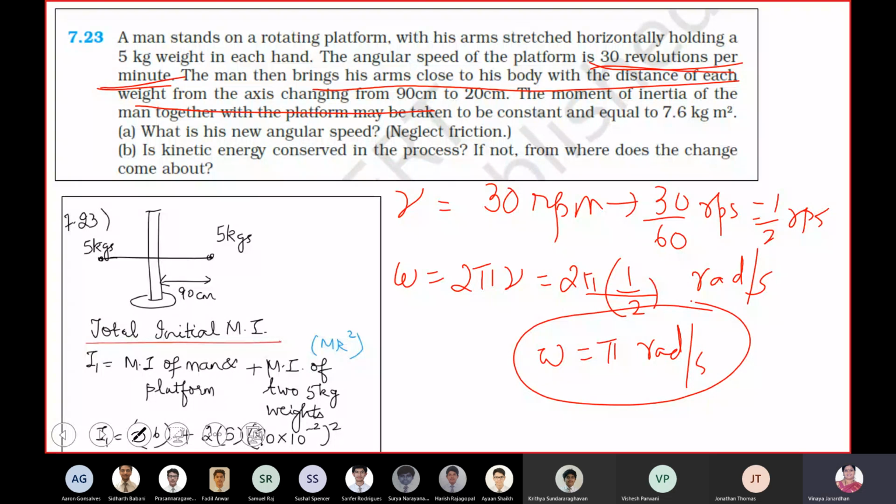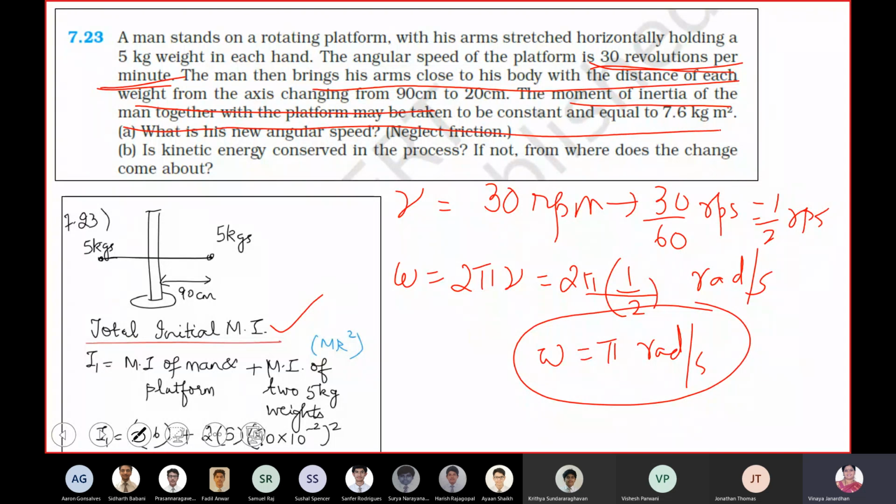This is one of the important application-based questions. Now look at the total initial moment of inertia. One more thing they have given: the moment of inertia of the man together with the platform. Even the platform, you cannot rotate it faster; it shows some amount of resistance.